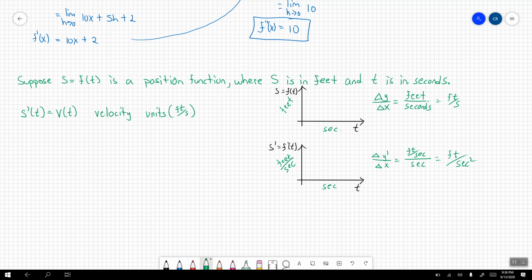This is what we call acceleration. So anytime that we take a second derivative from our position function, we're then left with the derivative of the velocity, which is our acceleration function. And again, this is acceleration. And the units, they're going to be feet per second squared.